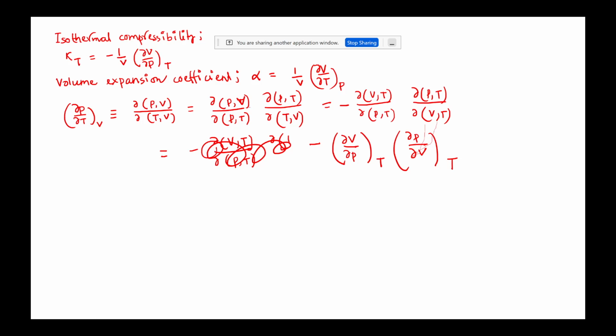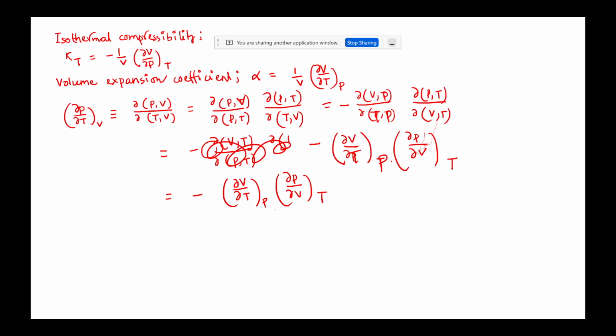Del P V, del P V. So this will be V and P, and this will be T and P. So this will be del V del T with P fixed. So let me write again. So this will be minus del V del T P. This will be del P del V T.